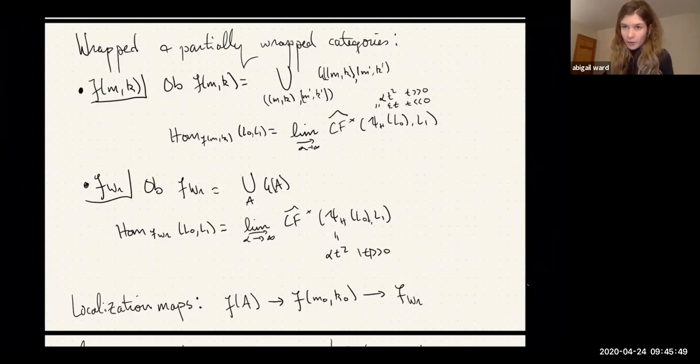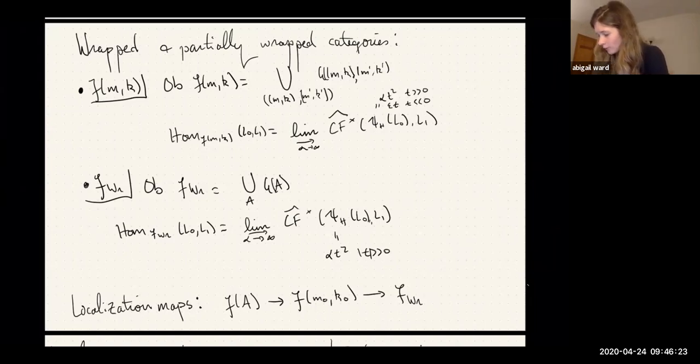The fully wrapped category is where you just take the set of all linear Lagrangians that obey any boundary condition. So this is a much larger space of Lagrangians. Okay, and then to compute the morphisms, you wrap at ends with relaxed conditions. Sorry, my handwriting is not so great.